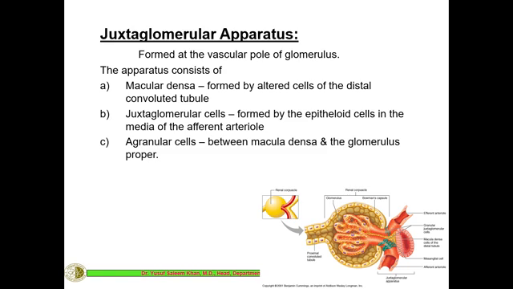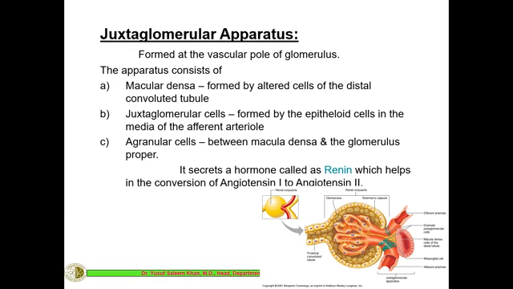Apart from that, there are some agranular cells also between the macula densa as well as the glomerulus proper. So these three components are very important because they help in the production of a hormone called renin. This JG apparatus helps in the formation of a hormone called renin, which helps in the conversion of angiotensin 1 to angiotensin 2.